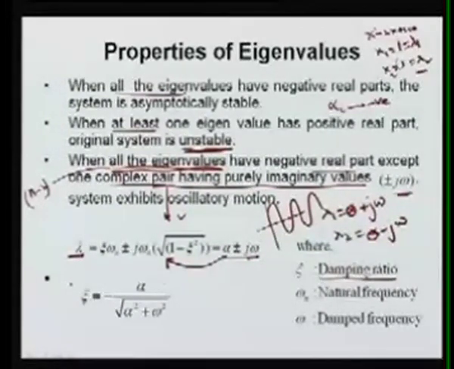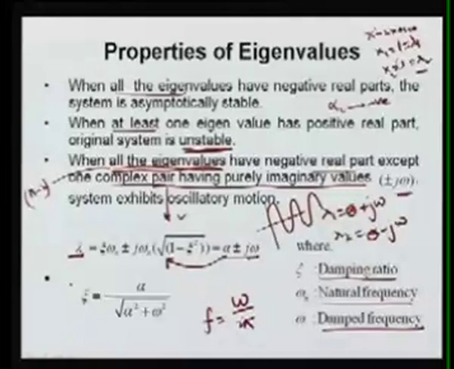The damping ratio is defined as zeta, and this zeta is alpha divided by the square root of alpha square plus omega square, where omega is the damped frequency and omega n is the natural frequency. The frequency of oscillation, f, will be omega upon twice pi.